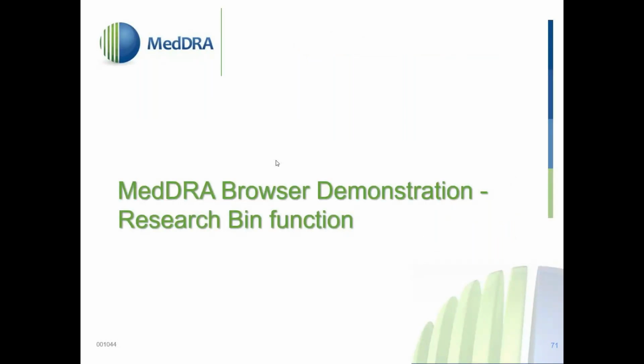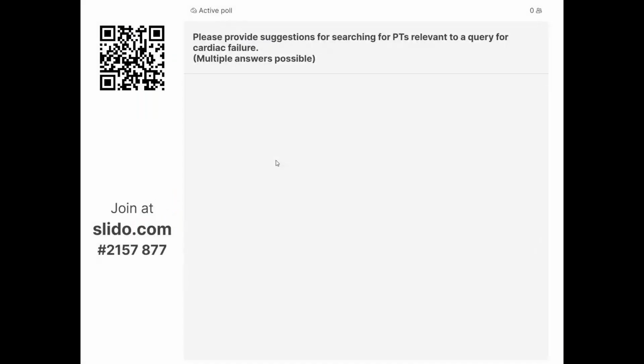So let's see. I would like to have your help with this query and would like you to provide some suggestions for which PTs we should search in a query for cardiac failure. You can provide multiple answers, and I keep this slide open.